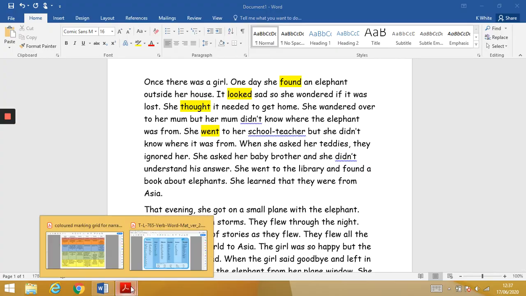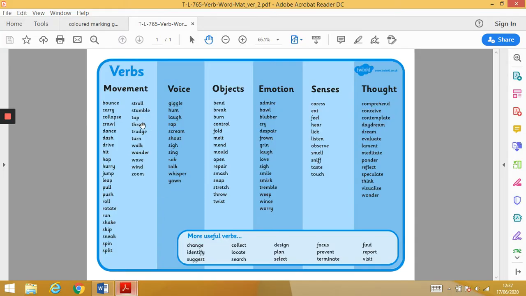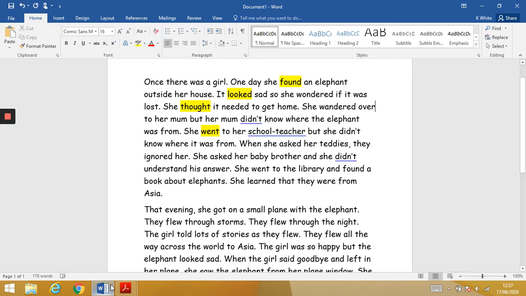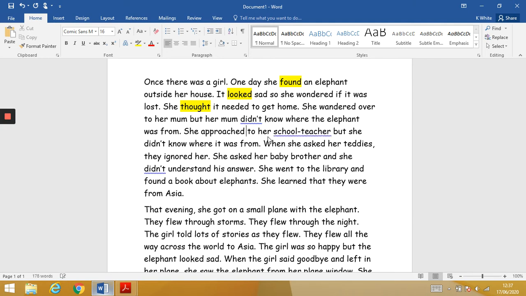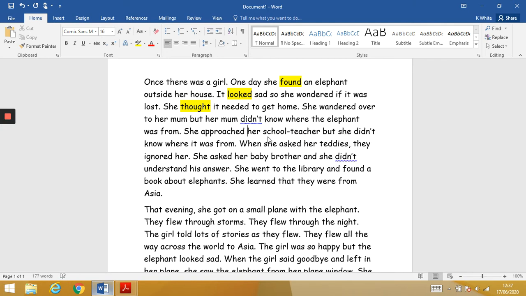She went to her school teacher. I'm going to say here she approached her school teacher, but she didn't know where it was from. When she asked her teddies, they ignored her.